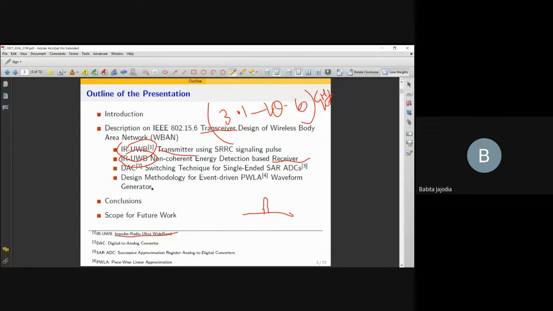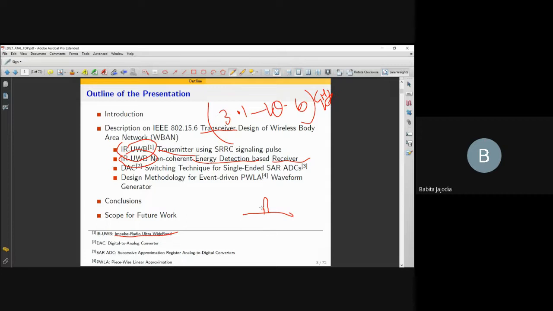Third, we will discuss the DAC switching technique, which is one of the blocks incorporated in the receiver. We will discuss a little bit about energy detection. The signal will be received at the receiver end, and then it depends on how you are demodulating it. There are different types of receivers, like coherent and non-coherent receivers.